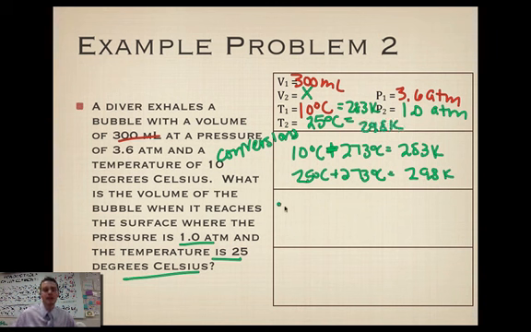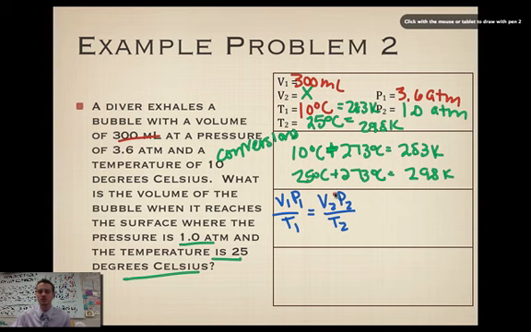Now I'm going to move down here and rearrange my equation again. I have P1V1 over T1 equals P2V2 over T2. To rearrange this, I'm going to do something similar to what I did last time. Here I have my volume 2, so that's what I'm solving for. I'm going to take this part right here and flip it.